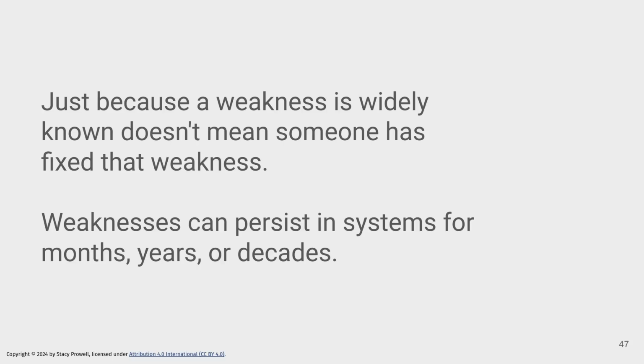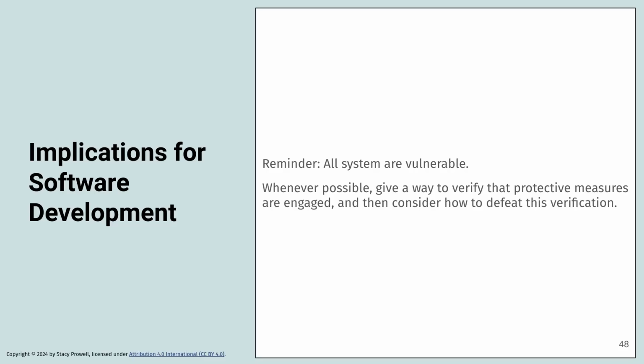So, just because a weakness is widely known doesn't mean someone has fixed that weakness. Weaknesses can persist in systems for a long time, a very long time. And we'll see some in the course of this class that have been in there for a long time. So, remember, all systems are vulnerable.